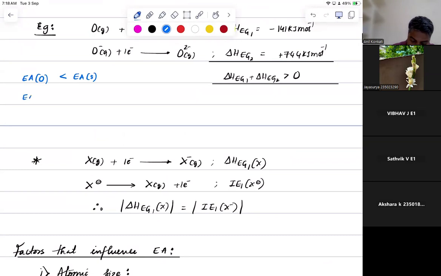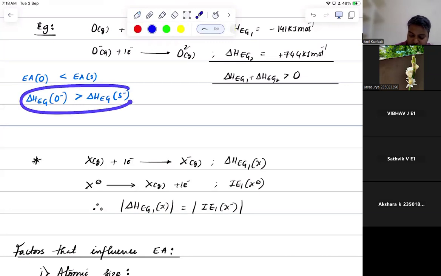But if you notice the delta H electron gain enthalpy for O minus versus delta H electron gain enthalpy for S minus, if you compare them, because this is also a positive term, now O minus will have more value compared to that of S minus. Okay, so keep that in mind.